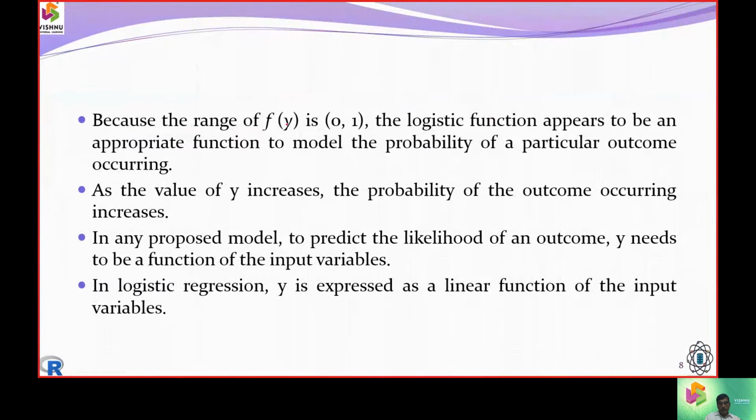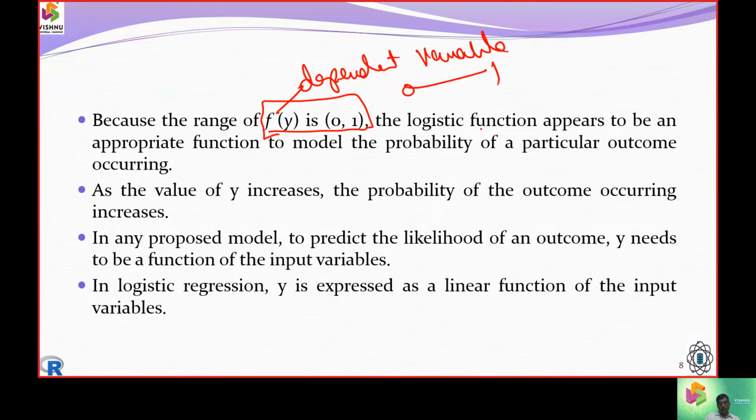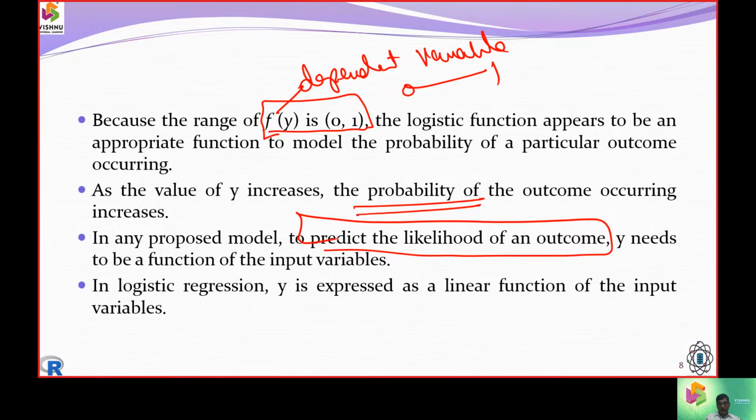So as mentioned, the output is going to be the dependent variable. This dependent variable will vary from 0 to 1. So obviously it will give the values towards the occurrence of an event in a probabilistic way, and it is used to predict the likelihood of the outcome.